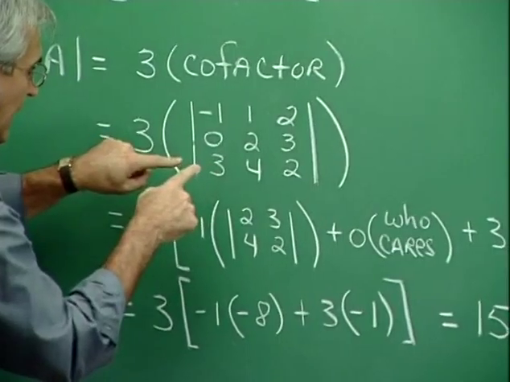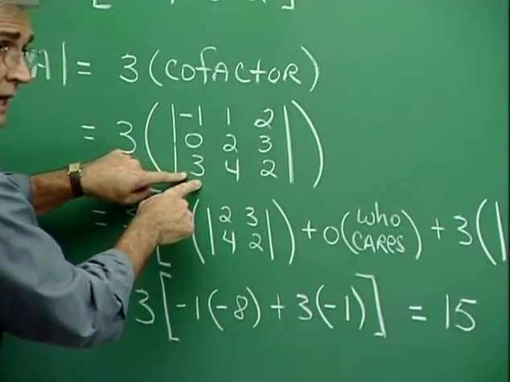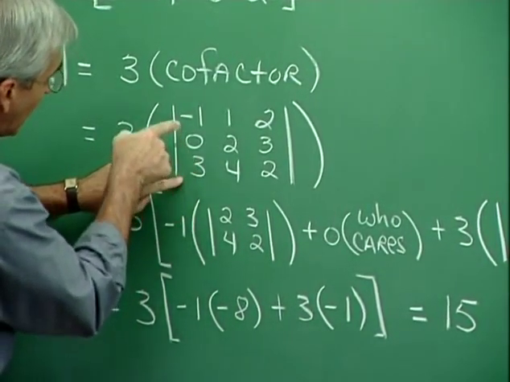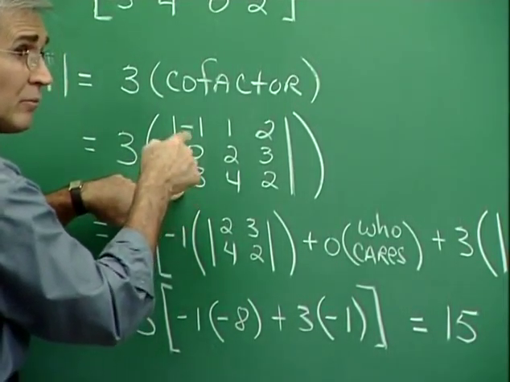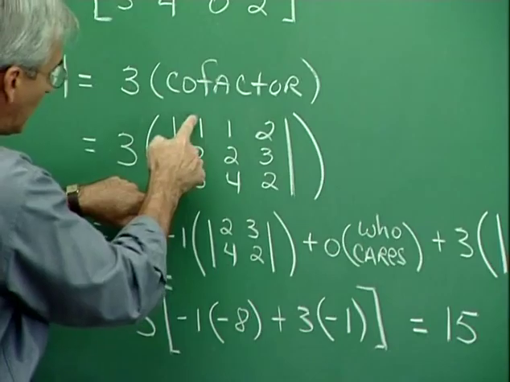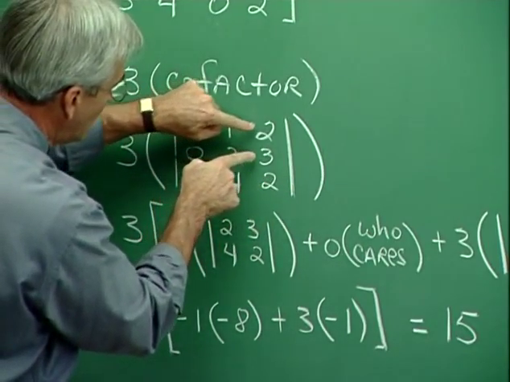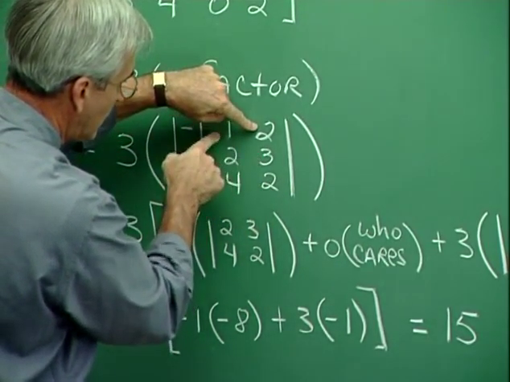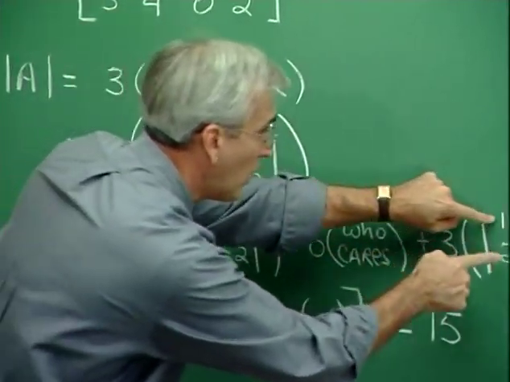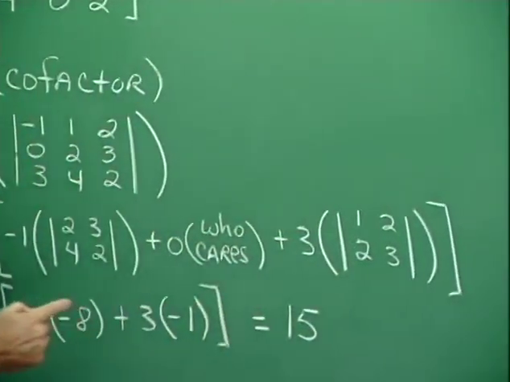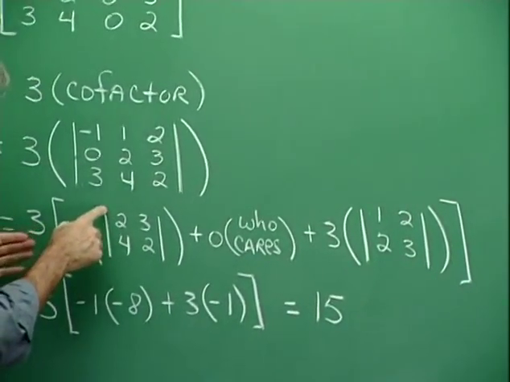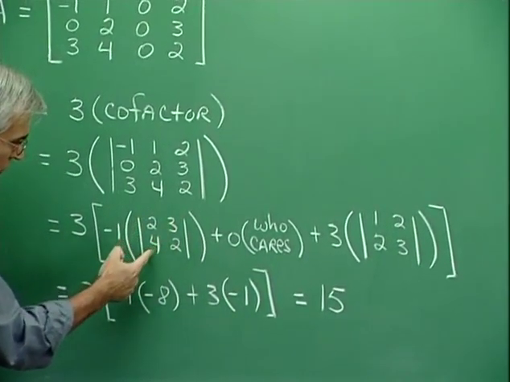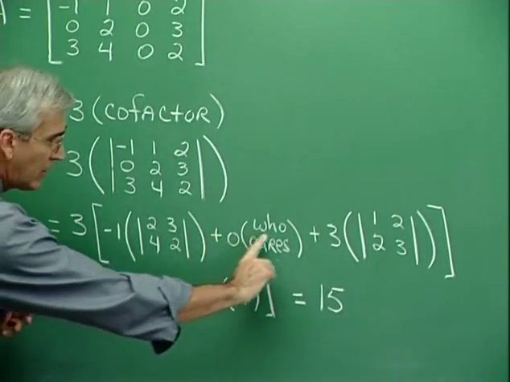And then I'm continuing down, 3 times, with sign pattern plus, minus, plus. So it's 3 times plus some determinant. The determinant is the 1, 2, 2, 3. So here's what we have. Now this rascal goes out, and we have negative 1 times 4 minus 12, which is negative 8. And then skip this.